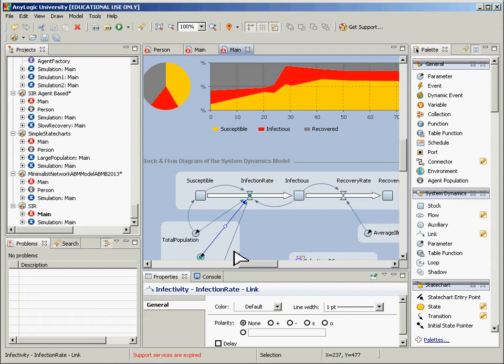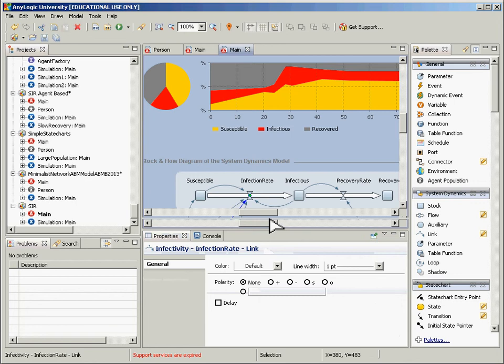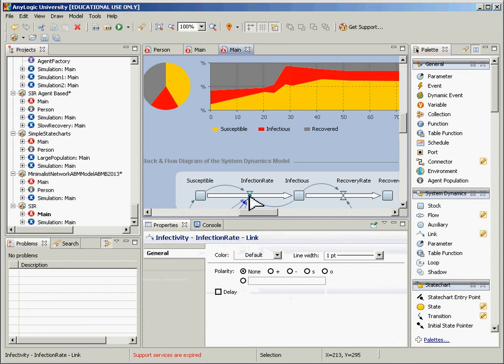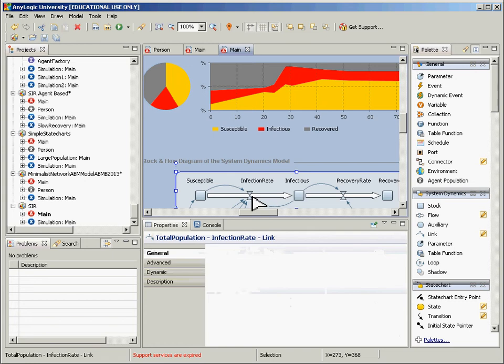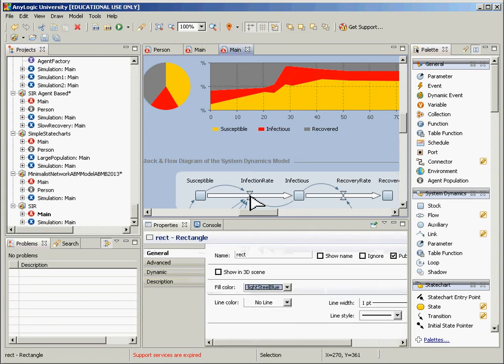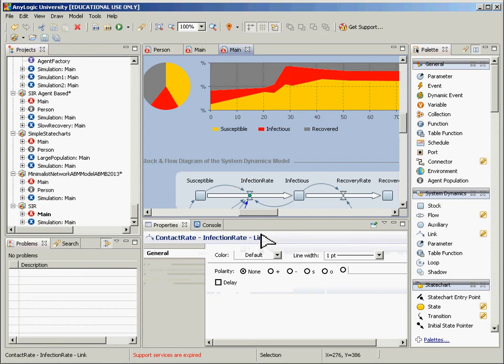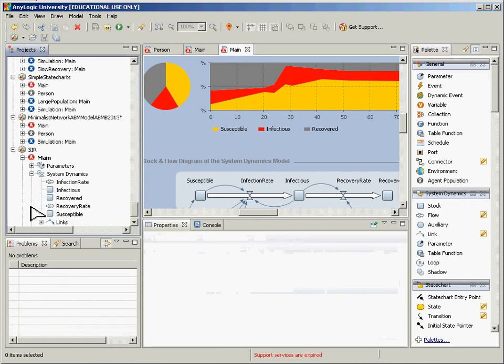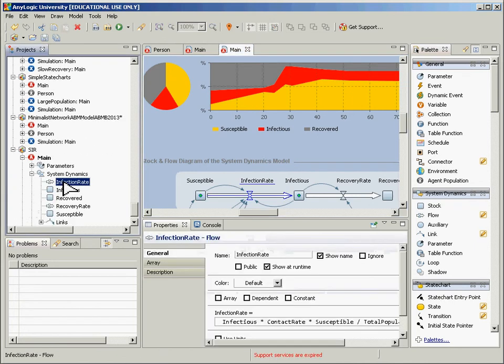So if you go click on this flow here, for example, and we go down to the Properties tab, what you'll find is that this flow here, infection rate, okay. Oh, that's a link. Okay, we'll explore it through this side. That's kind of a pain. Here's the infection rate here.